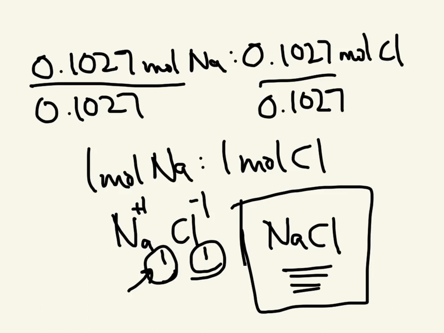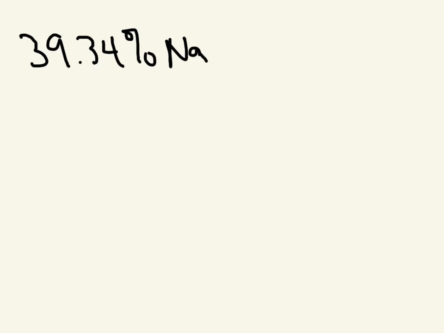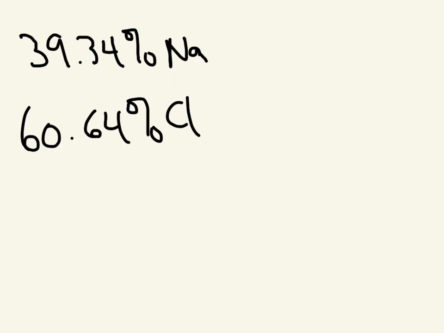So if you had 39.34% sodium and 60.64% chlorine, all you do is make an assumption.